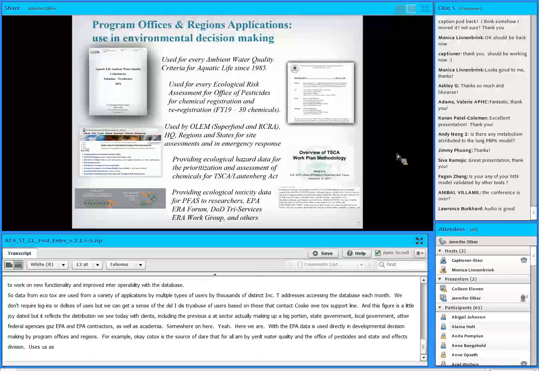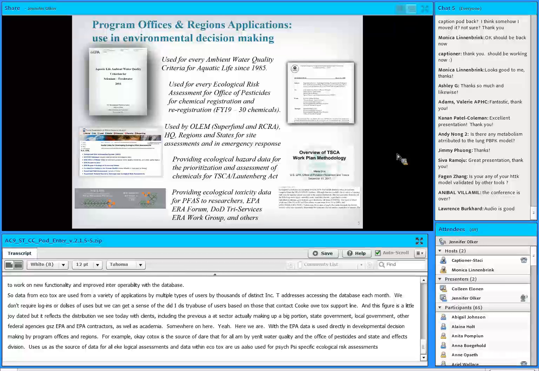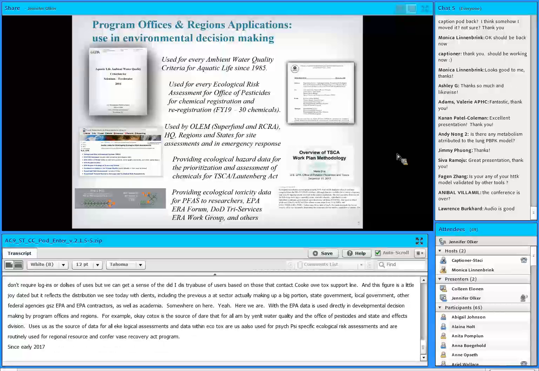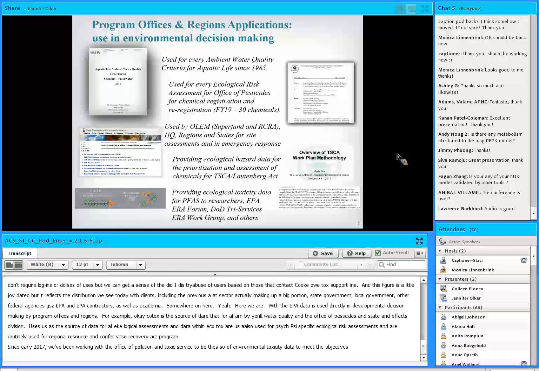And data within ECOTOX are also used for site-specific ecological risk assessments and are routinely used for Regional Resource Conservation and Recovery Act programs. Since early 2017, we have been working with the Office of Pollution Prevention and Toxic Substances to be the source of environmental toxicity data to meet the objectives of the Lautenberg Chemical Safety for the 21st Century Act.